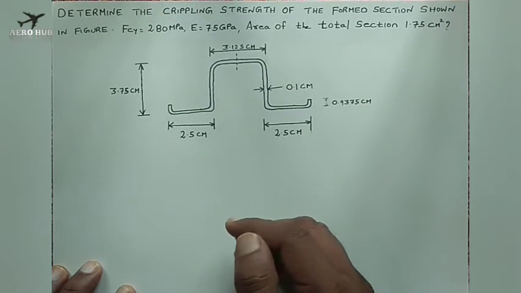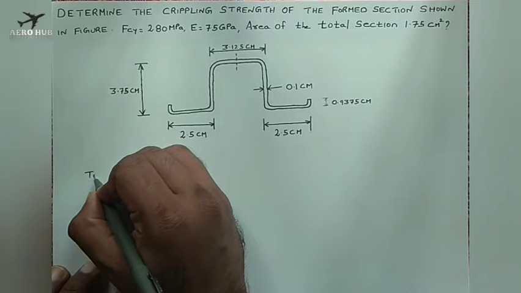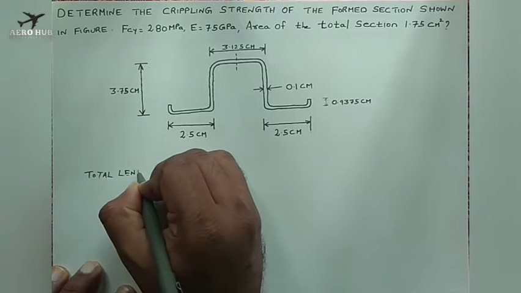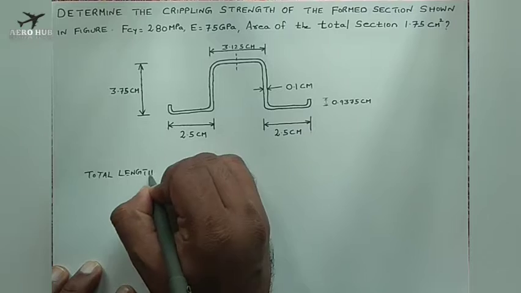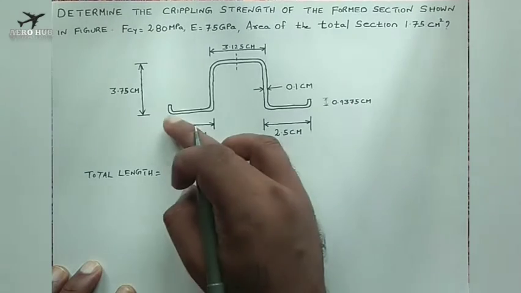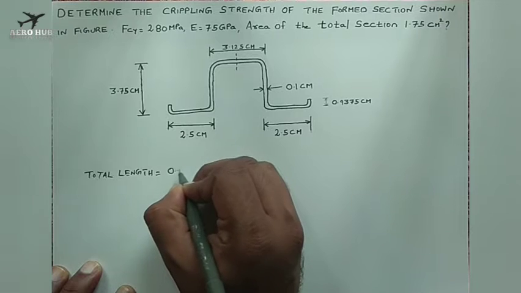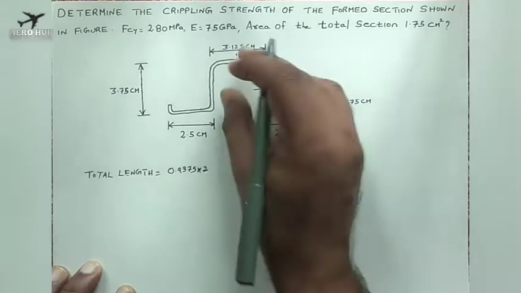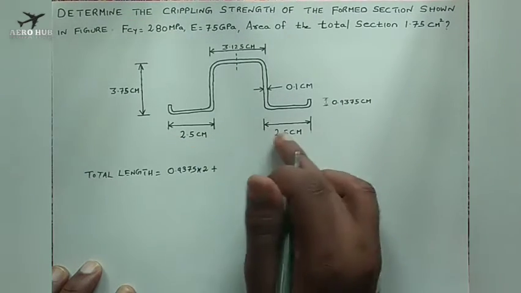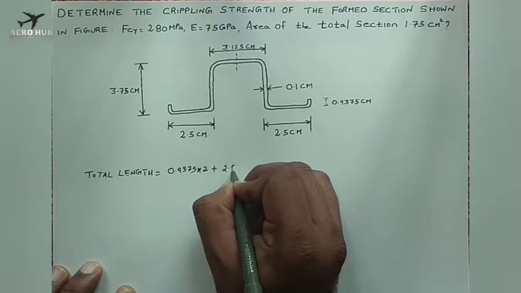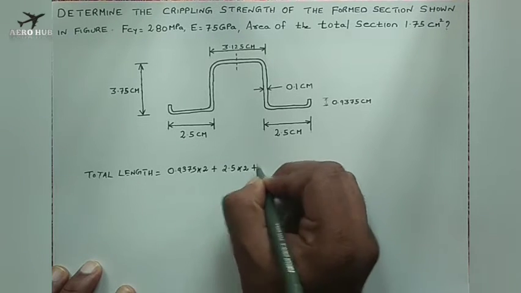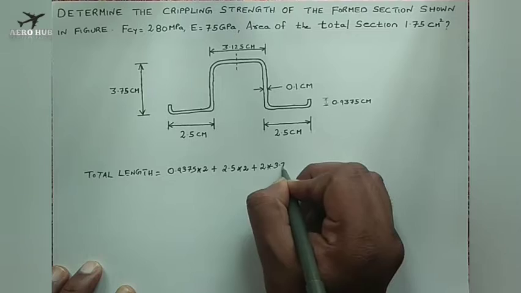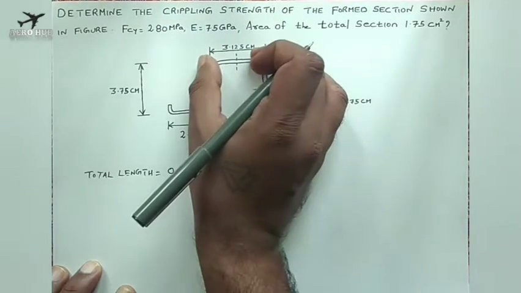So I can write the total length of the section as 0.9375 multiplied by 2, because we have vertical symmetry, plus we have 2.5 here, also 2.5, so 2.5 into 2, plus this vertical height 3.75 multiplied by 2, plus the horizontal distance.